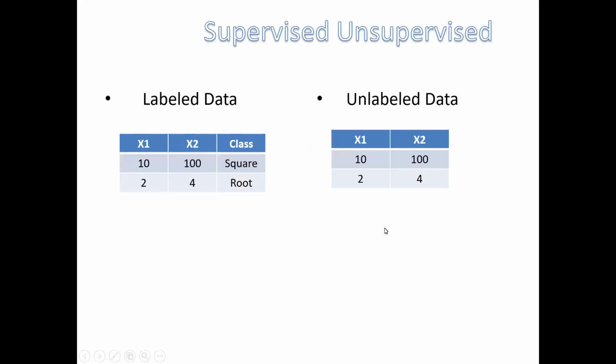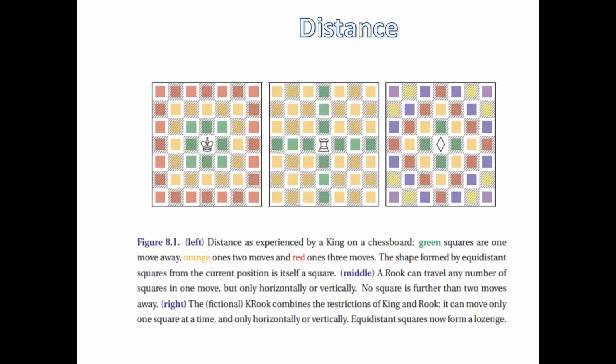If I move ahead, I talked about what is supervised and unsupervised. In supervised learning, we have labeled data with the class as the label. Unlabeled data is used for unsupervised learning. Now, the concept of distance: when I say who are the nearest neighbors, the concept of distance is very peculiar, and it depends on how you measure the distance. For example, think about this chessboard and this king.